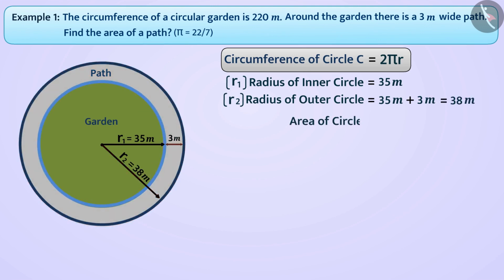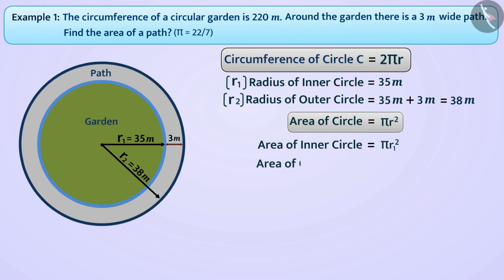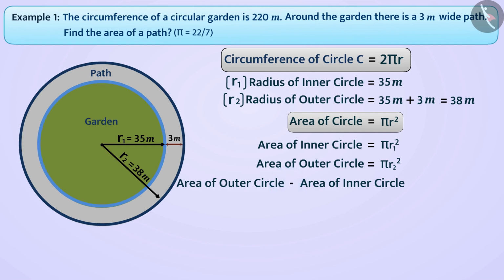Since area of circle is pi r square, therefore here the area of inner circle will be pi r1 square and the area of outer circle will be pi r2 square. If we subtract the area of inner circle from the area of outer circle, then we will get the area of desired path. That is, area of path will be pi r2 square minus pi r1 square.